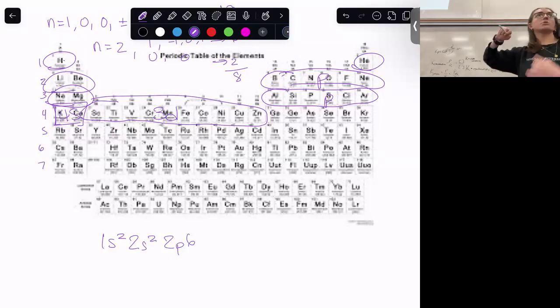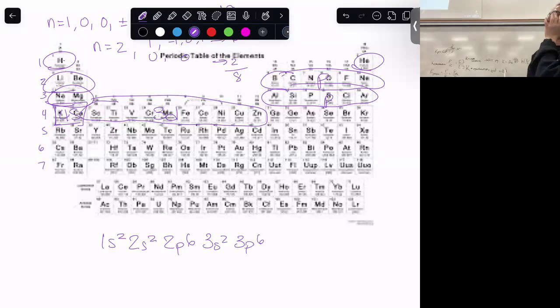Sodium and magnesium start your third period. That's going to be your 3s2. And then you have your 3p6 as you go towards aluminum. It's then when you get to potassium for 4s2 and then scandium for 3d10 where things become a little iffy. Okay. So these we said were very close in energy levels.